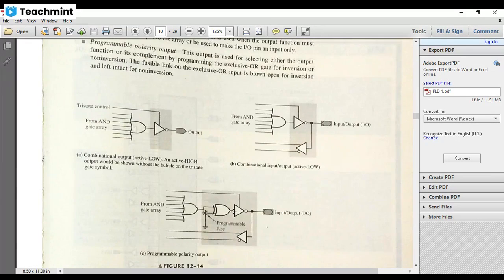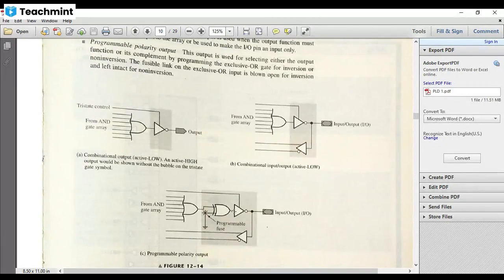We change the polarity. That is, this is also in the hands of the programmer. Either we want the output of the fixed OR array as it is in polarity, or with changed polarity.